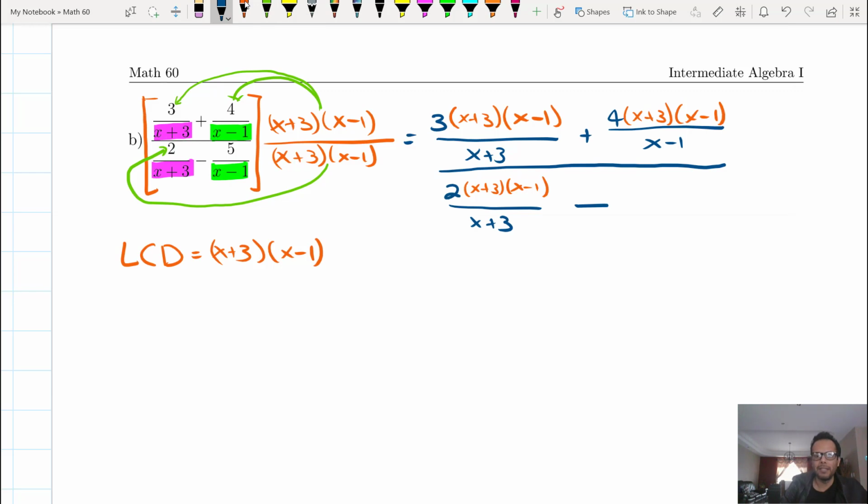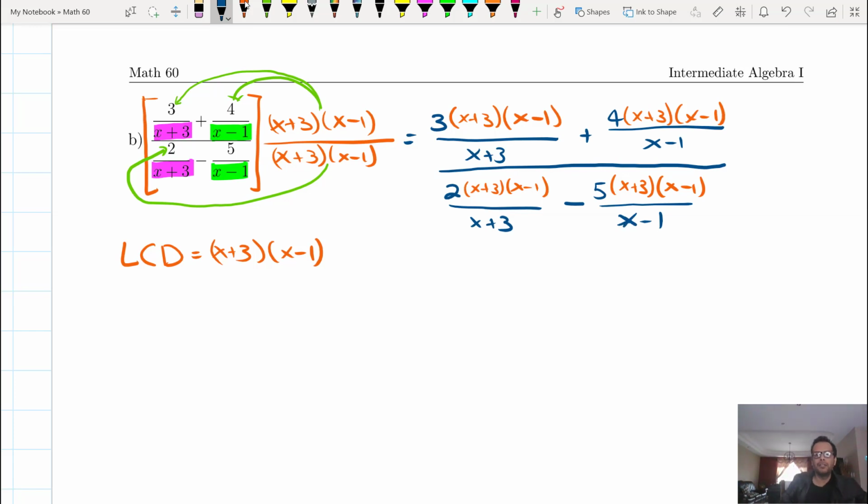In this case, it's minus. Oh, that's a very large minus sign. And 5 times x plus 3 times x minus 1. And then divide that by the denominator that this came from, which is x minus 1.